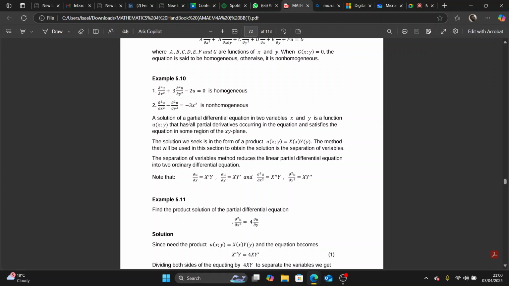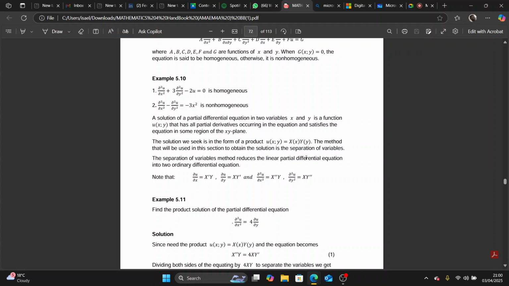Now they say a solution of a partial differential equation in two variables x and y is a function u(x,y) that has all the partial derivatives occurring in the equation and satisfies the equation in some region of the xy plane. The solution we seek is in the form of the product u(x,y) = X(x)Y(y). The method used in this section to obtain the solution is separation of variables.